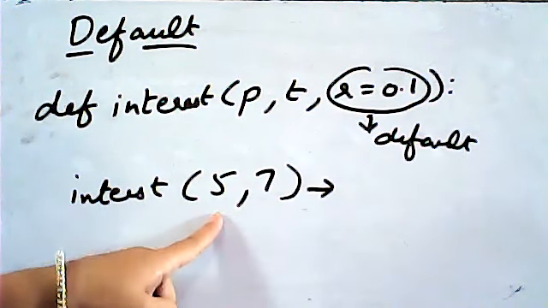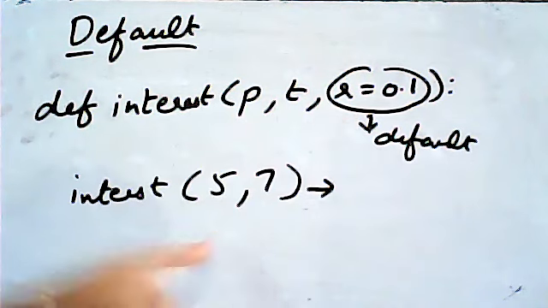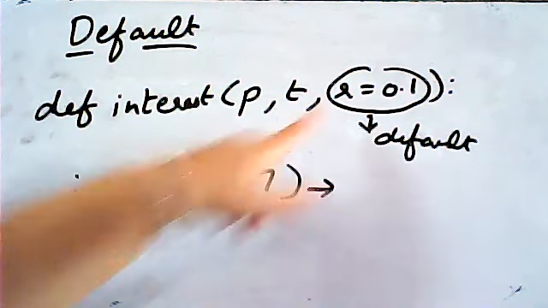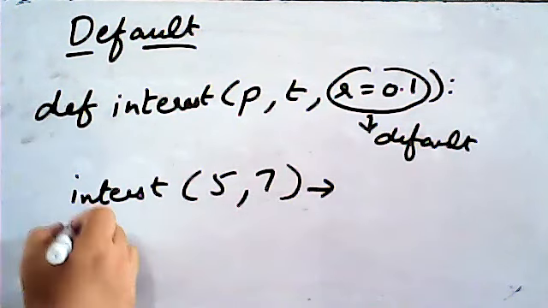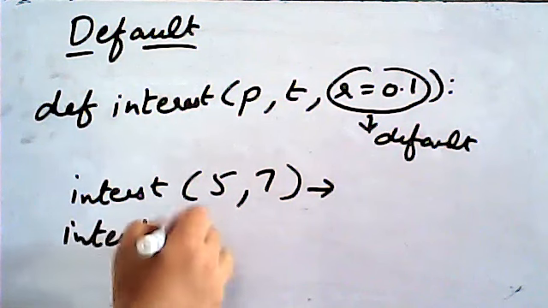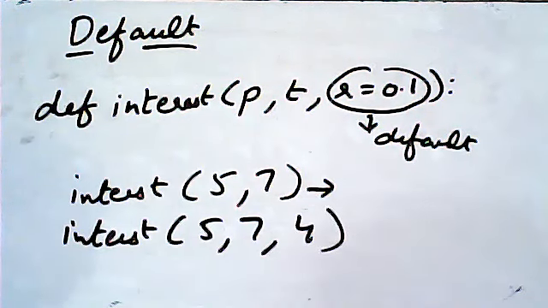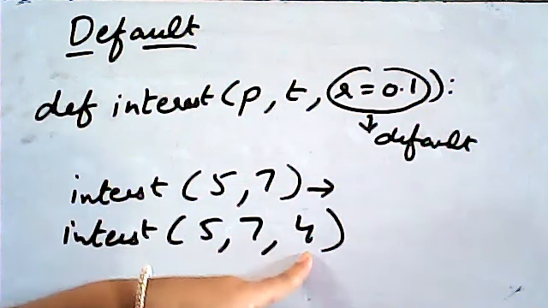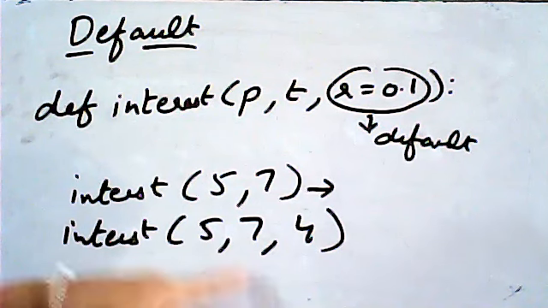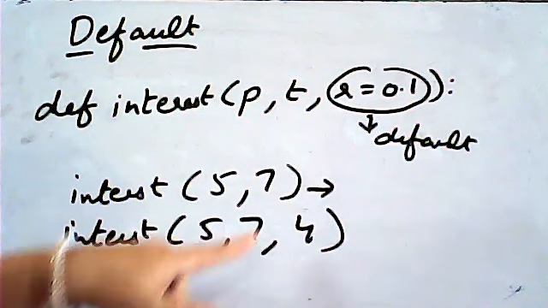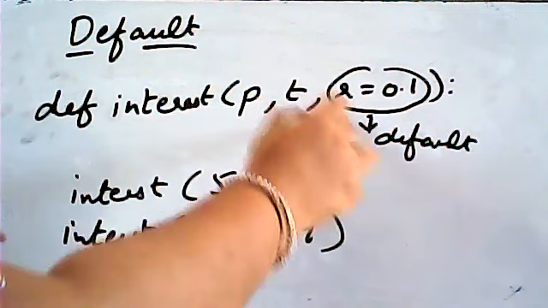Either there are only two arguments, but here there are three, but it will not produce an error. By default, it will take R as 0.1. Sometimes it will be written like this. Again, there will be no error, obviously, since three arguments are here. But this 4 will override this.